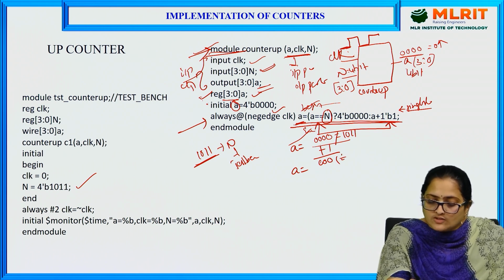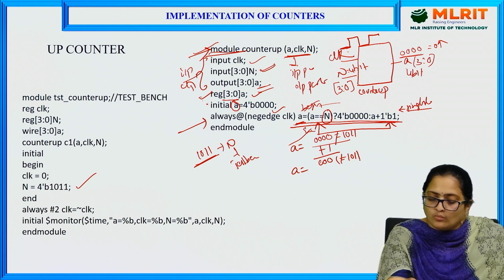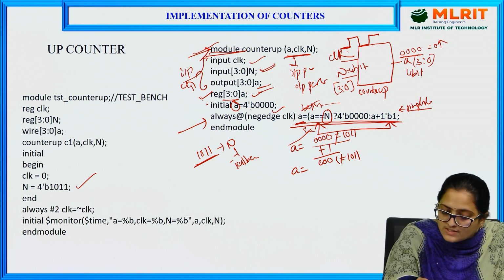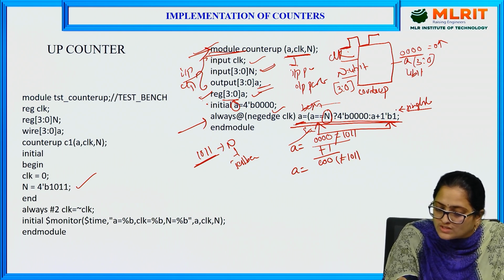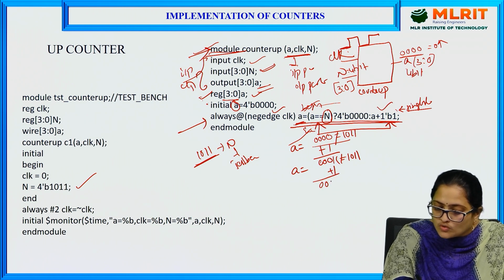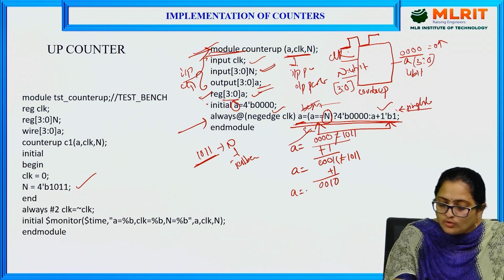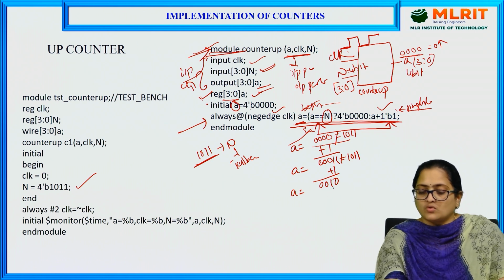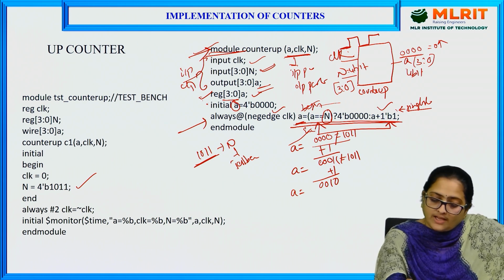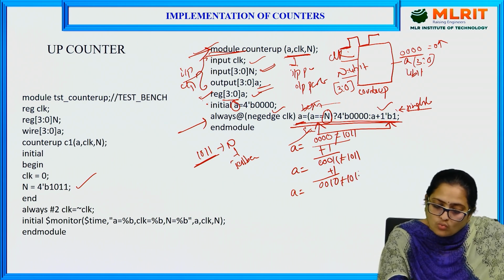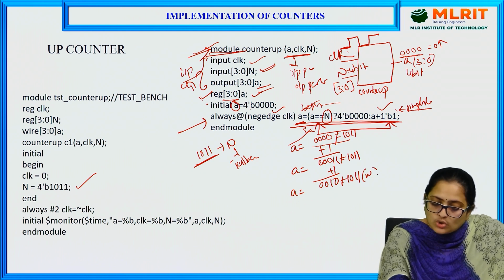0001 is not equals to 1011. So this condition is false, so it goes with this statement and it is incremented by 1, so it gives 0010. Now your A value will be stored with 0010. Again, this is not equals to 1011, that is N value.